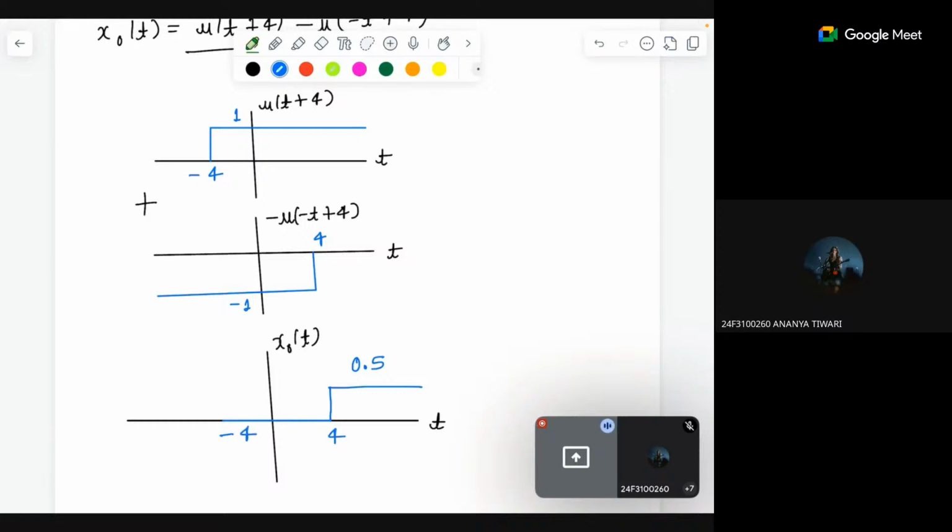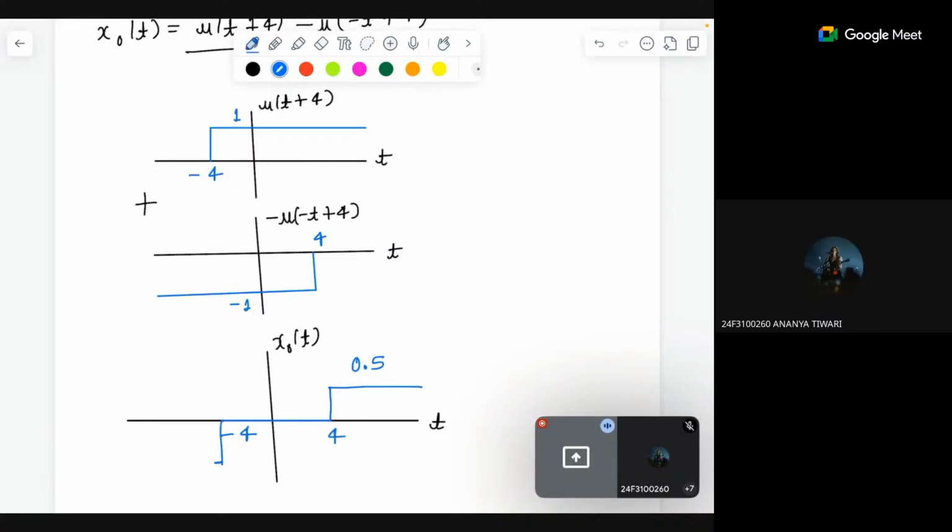Now before minus 4, the first signal is 0. For the second signal, this is minus 1. 0 minus 1 is minus 1, and minus 1 divided by 2 is minus 0.5. Is this clear?